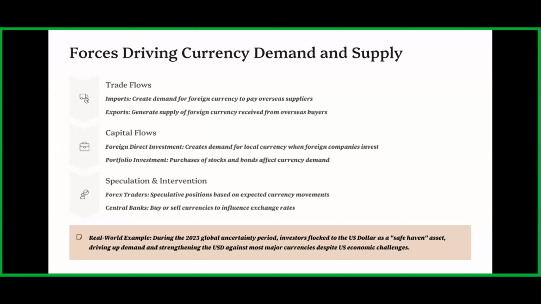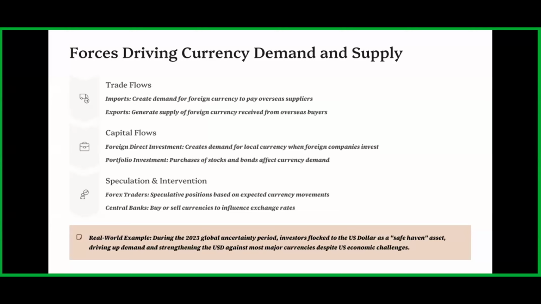If we take the RBI, for example, and it wants to reduce the value of the dollar as compared to the rupee, then what does the RBI do? The RBI increases the supply of dollars by purchasing them into the market, and whenever the supply increases, the value of that currency decreases because it's easily available in the market.